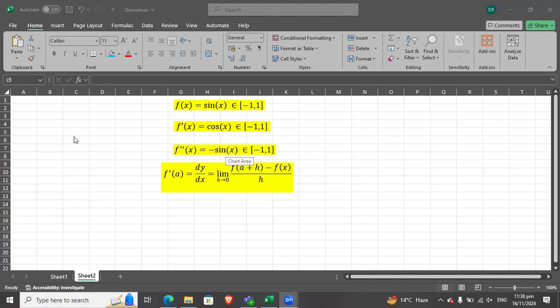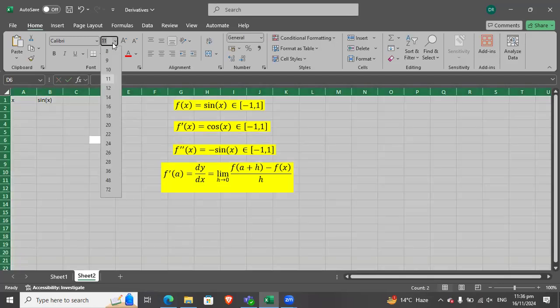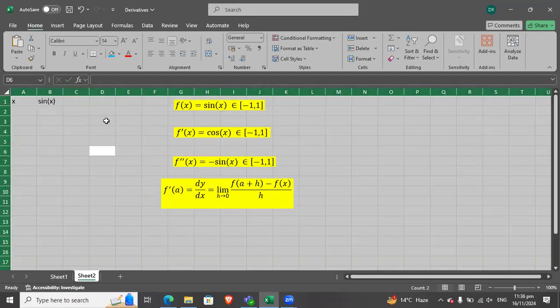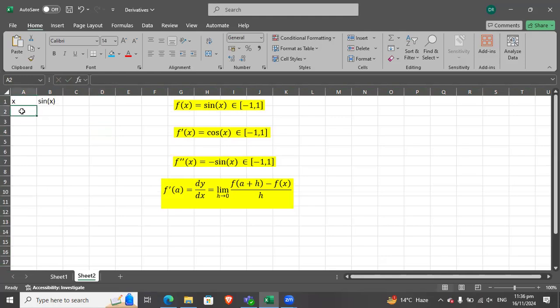So let me first develop the graph of sine of x. I have to take some data points, starting from 0 and with a step size of 0.2.